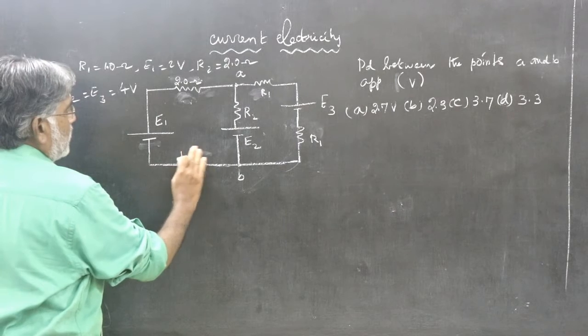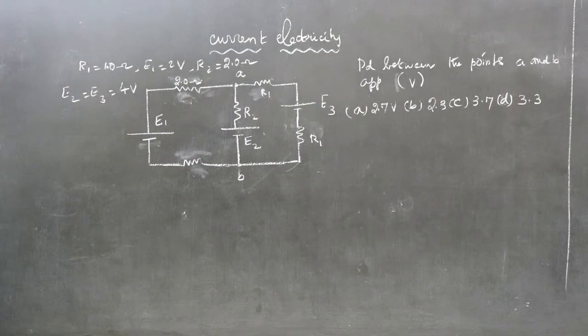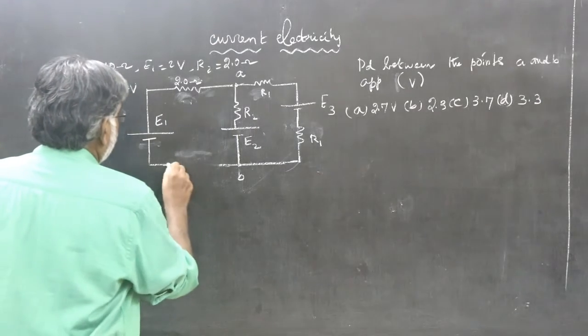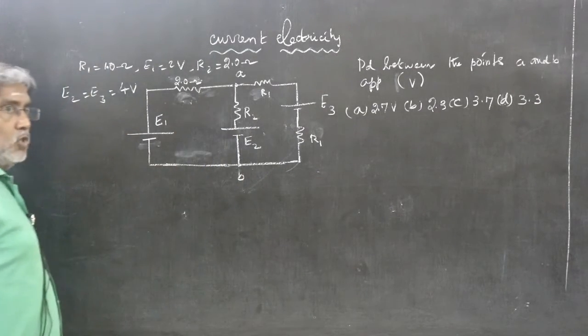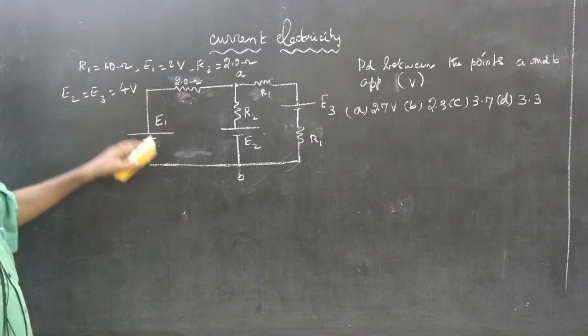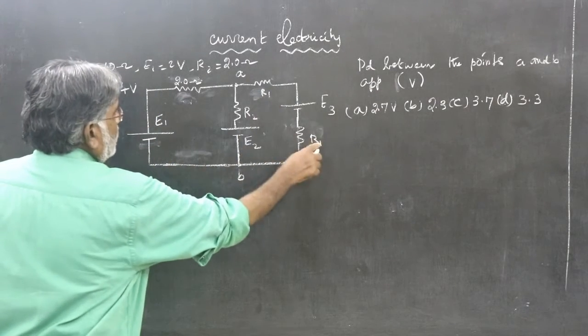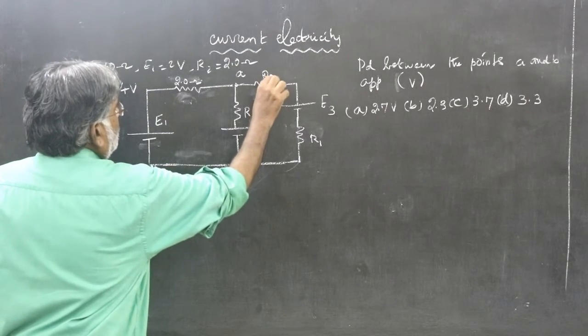Let me use the duster. Okay, this is 2 ohm. They are in series. Again same thing, R1 and R1, so 2 ohm.